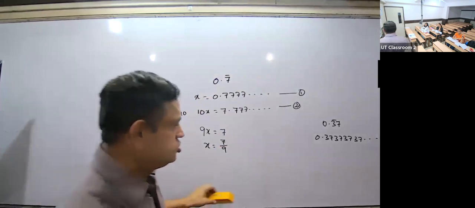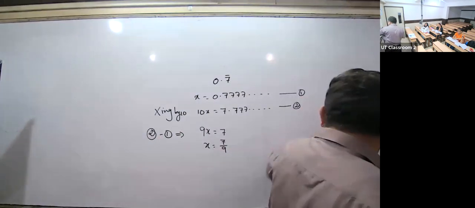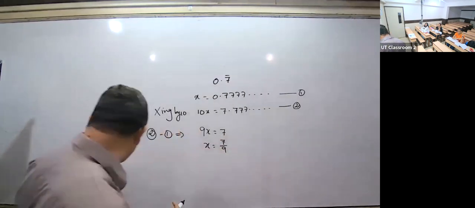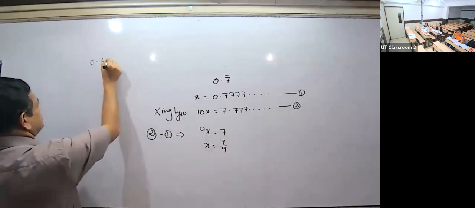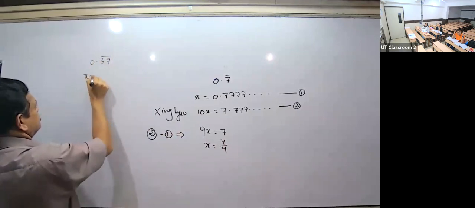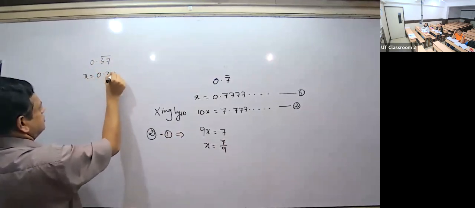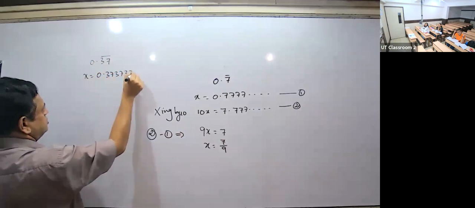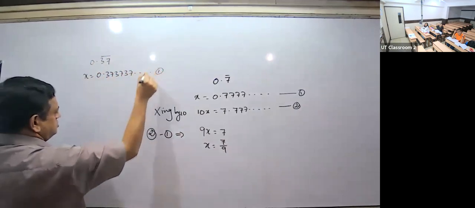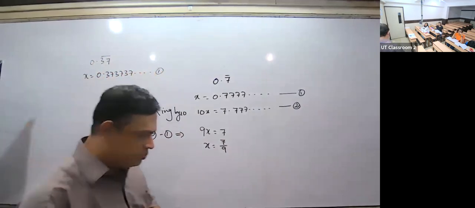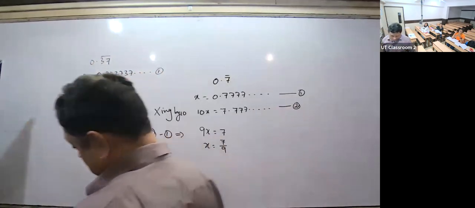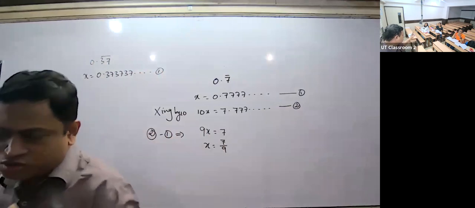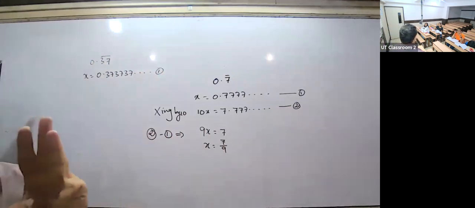Now I'll show this one. Here you see, 0.37 bar. x is equal to 0.373737. How many digits are repeating? 2. So what do you multiply by? 1 digit means 10, 2 digits means 100, 3 digits means 1000.